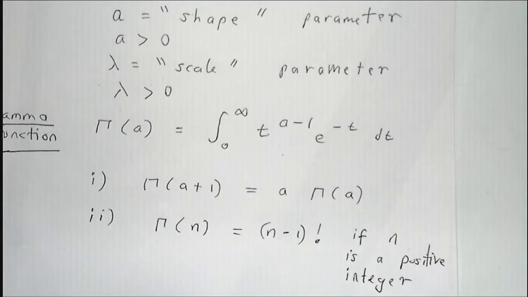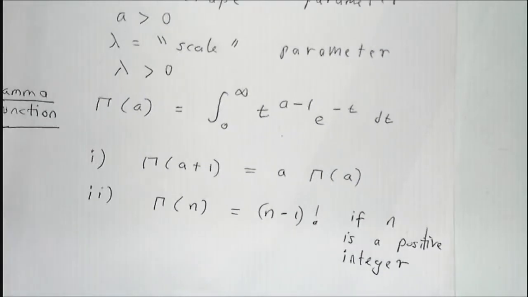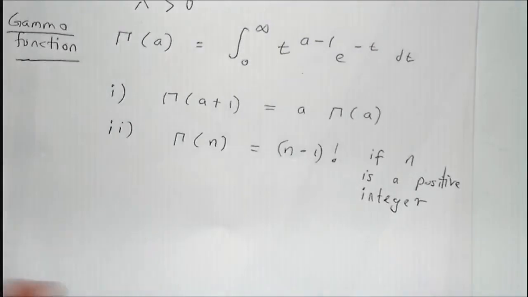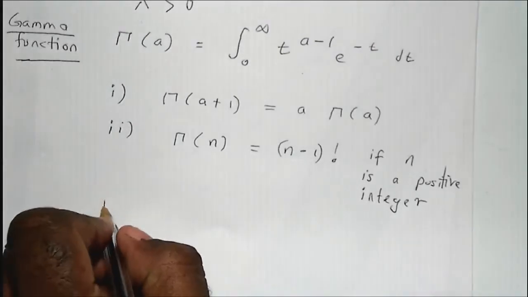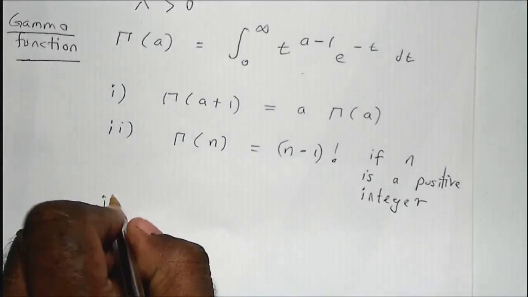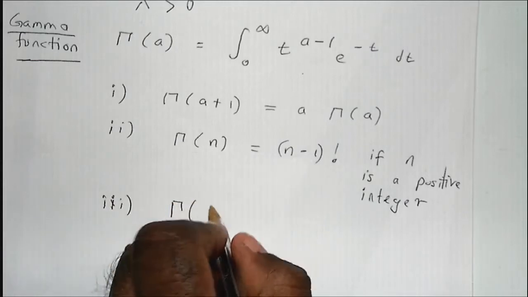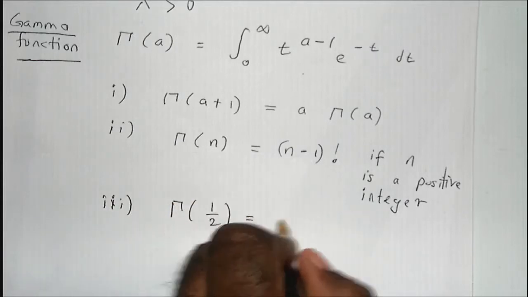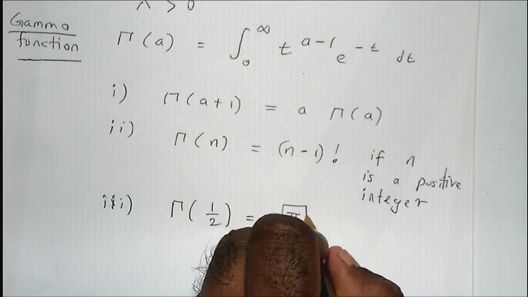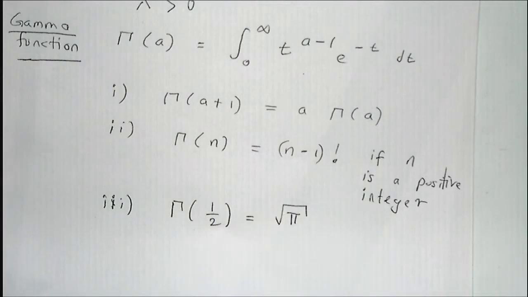Right? That's the second property. If n is a positive integer, then gamma of n is n minus 1 factorial. So gamma at half is root of pi.